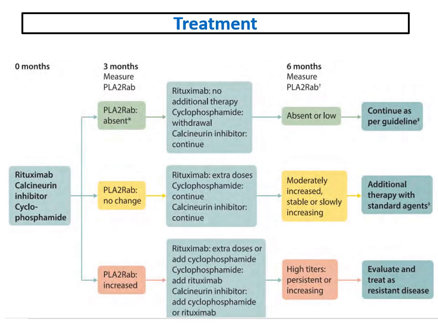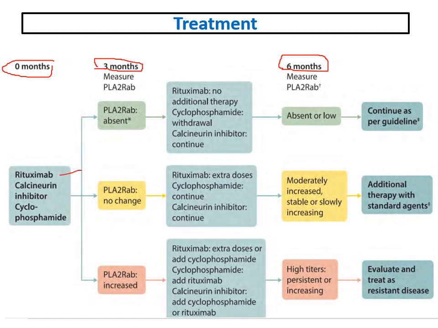This is a suggested algorithm for using the phospholipase A2 receptor antibody assay in our management and changing our regimen. At 0 months, at 3 months, and at 6 months.